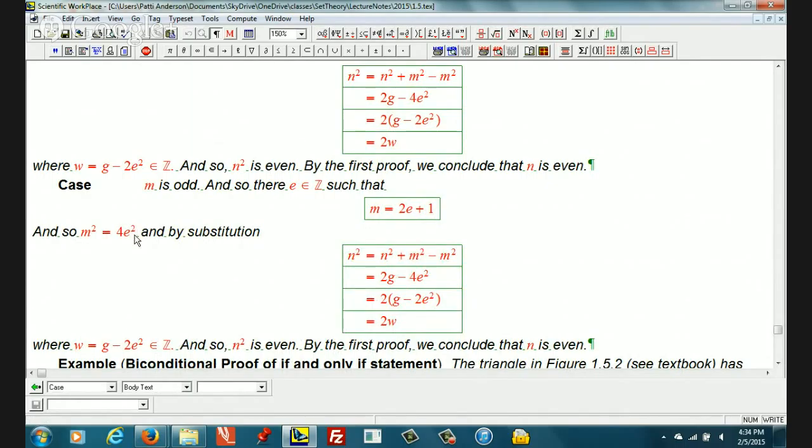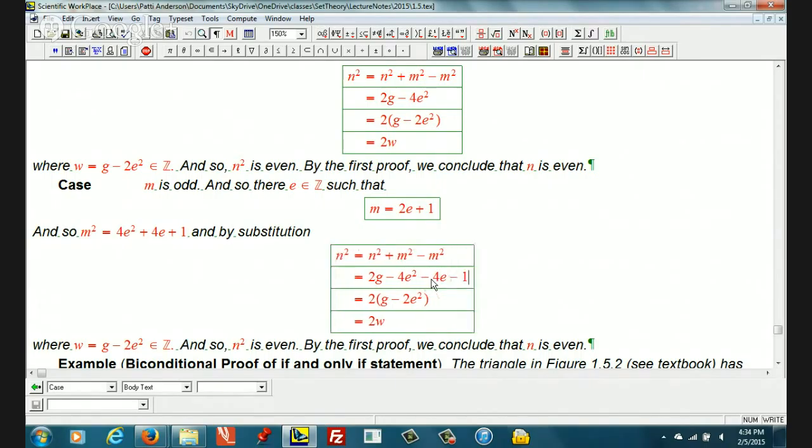But square it, then what do you get? 4e squared plus 4e plus 1. And by substitution, n squared equals n squared plus m squared minus m squared. So that's 2g minus, right? And then we want to factor out our 2 from those first things. So it's g minus 2e squared minus 2e.